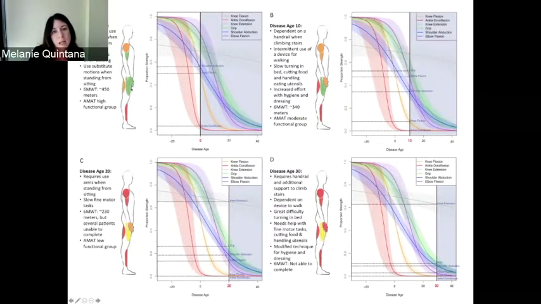Grip, knee extension, as well as shoulder elbow flexion, all are remaining relatively normal. And what does this relate to, given the data we just saw? Well, this person likely has intermittent use of a handrail when climbing stairs, mild unsteadiness when walking, and using substitute motions when standing from sitting. So we have this overall summary of what we expect the disease to look like at different stages.